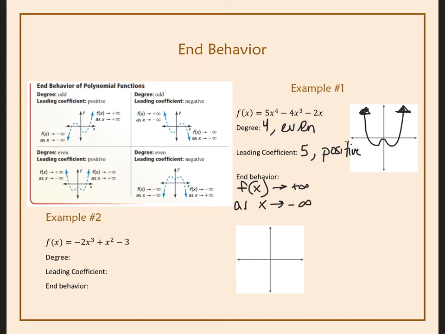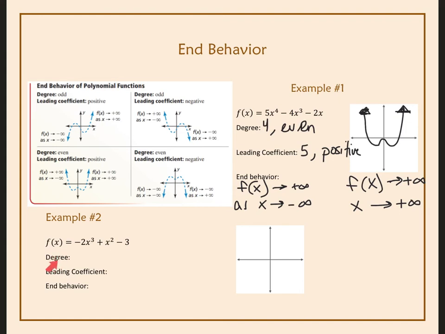Because on the left side, x is always negative infinity. On the right side, x is always positive infinity. But what's happening to the graph on this side? f of x is also approaching positive infinity. Okay, so we have 2 end behaviors. What's happening to the arrows?